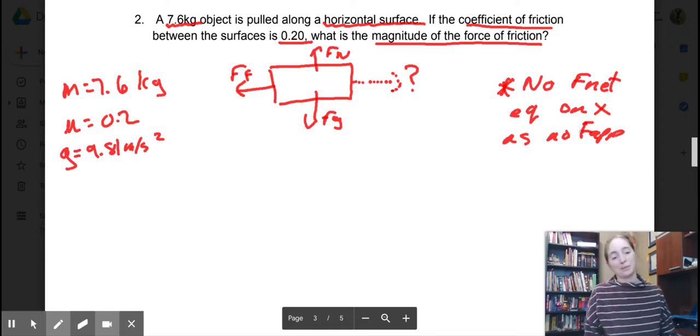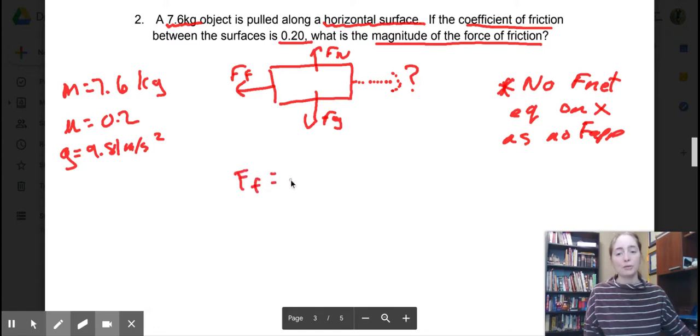So we have no data about it at all. So we can't build a force net equation right away here. But what we do know is that our force of friction is equal to mu Fn. So we are trying to find our force of friction here. And we have mu, so what we need to do now is calculate our normal force here.